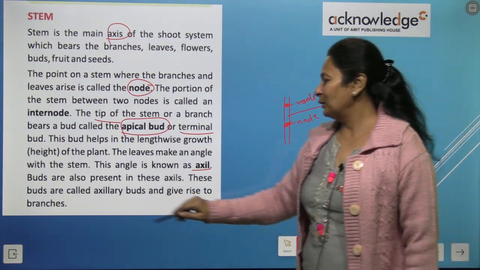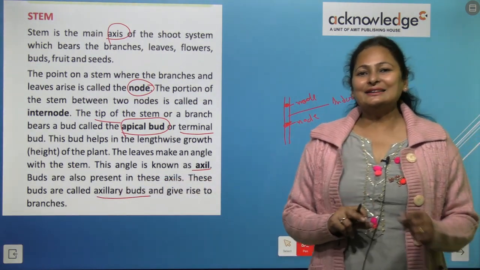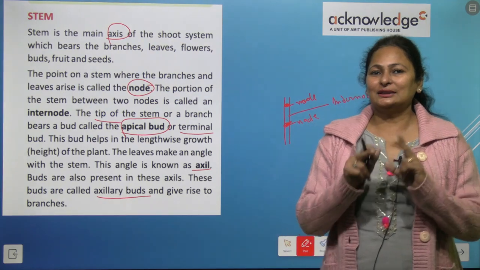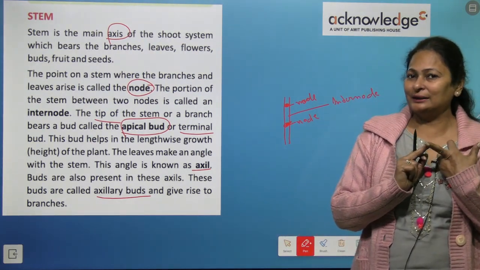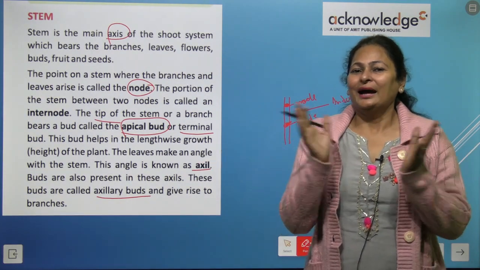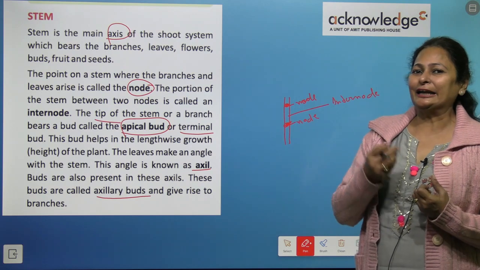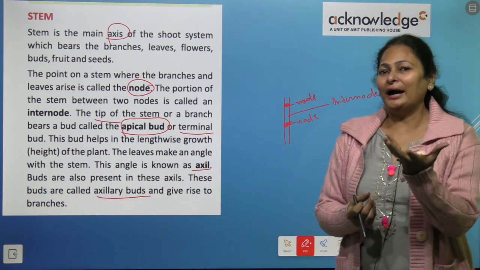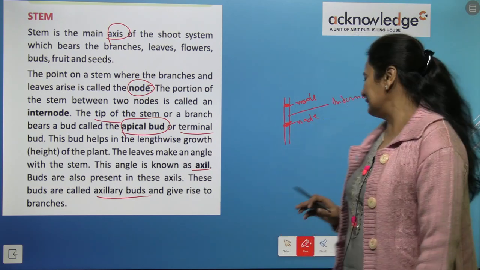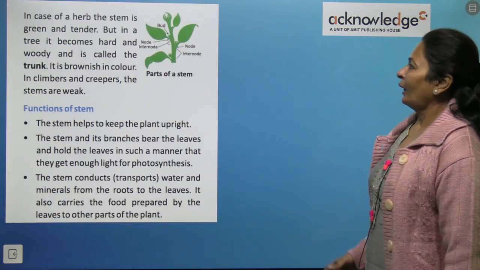These buds are called axillary buds and give rise to branches, or you can say the plant grows widthwise, and the apical bud or the terminal bud gives rise to height of the plant. Alright, so let's see in the picture, it will be more clear to you.